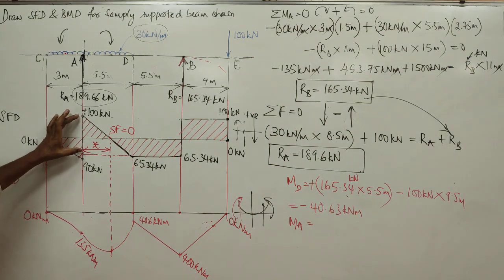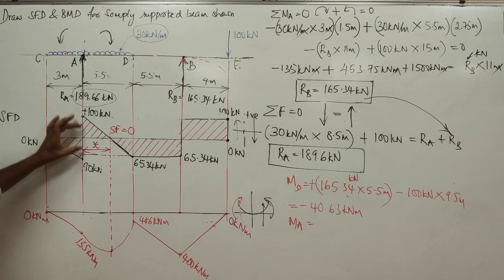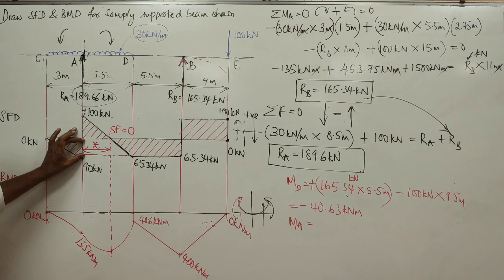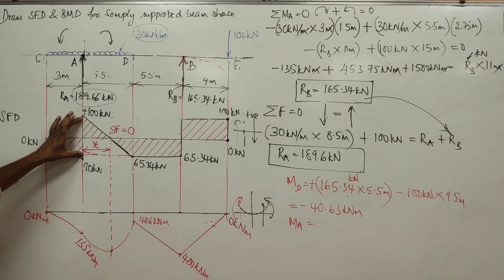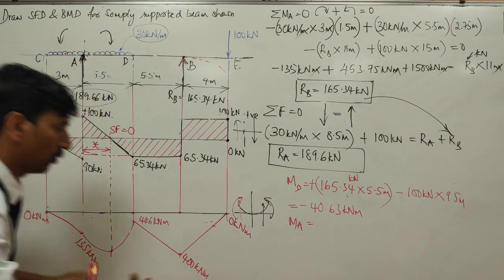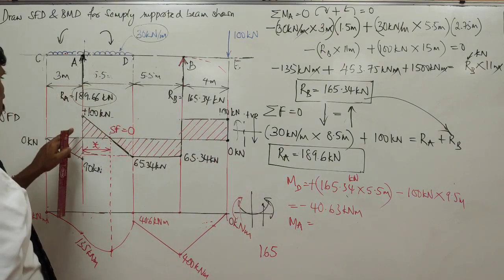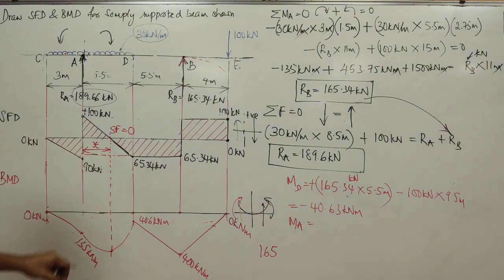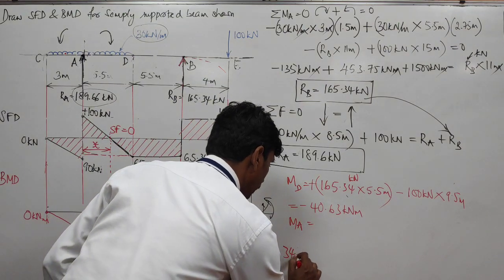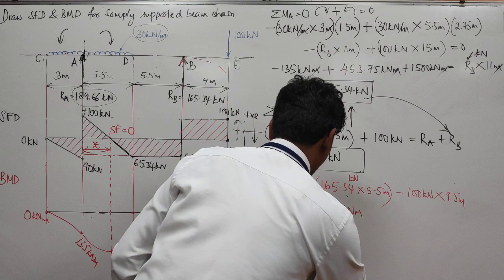So here the total height of this is 100 plus 65. 100 is here, 65 is here. So for 165.34 height, the base is 5.5 meters.